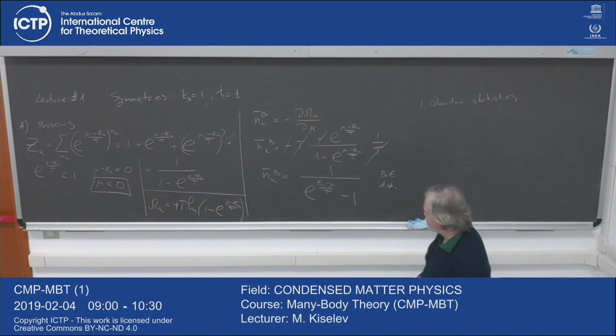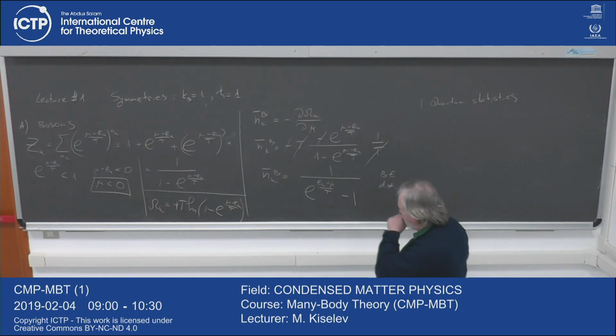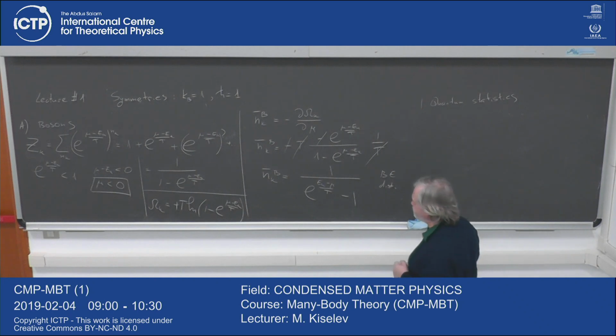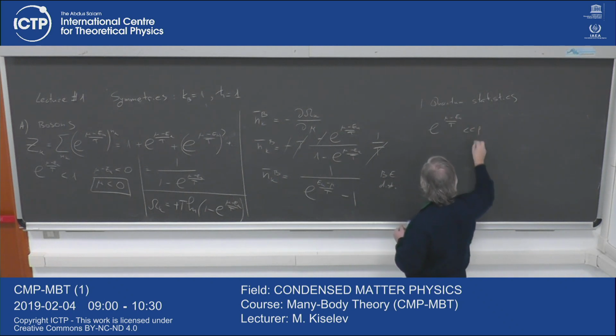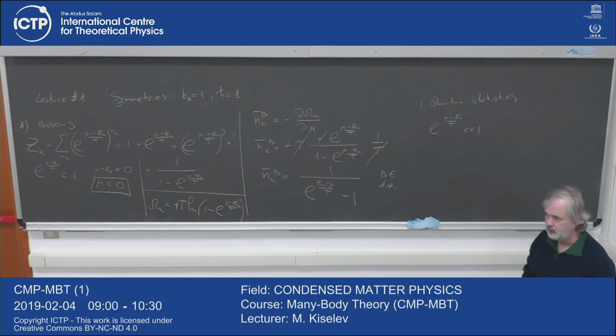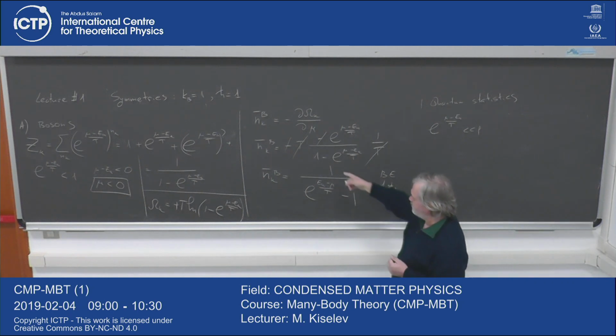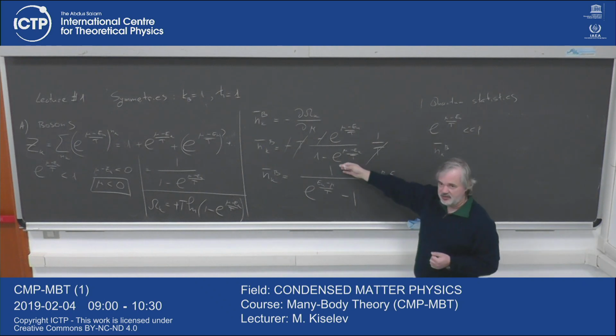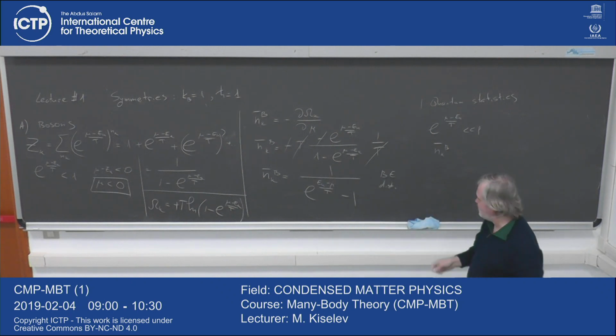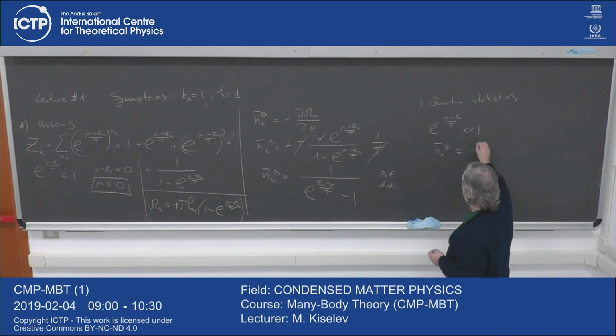Okay, let's now assume that this exponent, namely e to the power mu minus epsilon k over temperature, is much smaller than 1. In this situation, for n k Bose average, we can expand in a Taylor series and keep only the first term, which is this exponent, e to the power mu minus epsilon k over temperature, approximately.